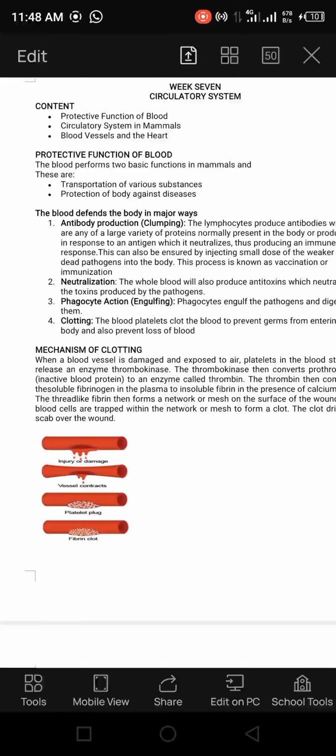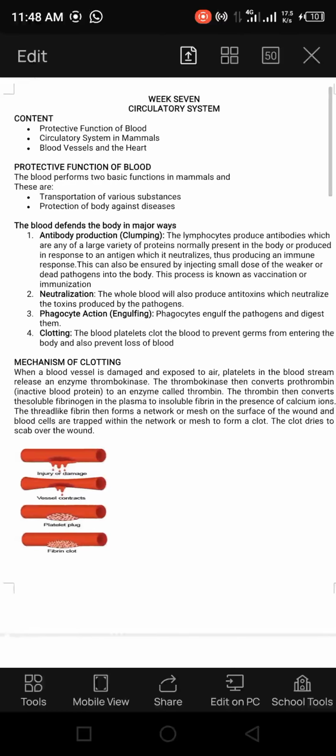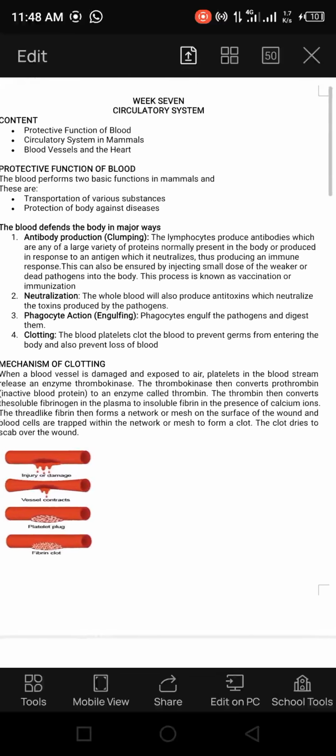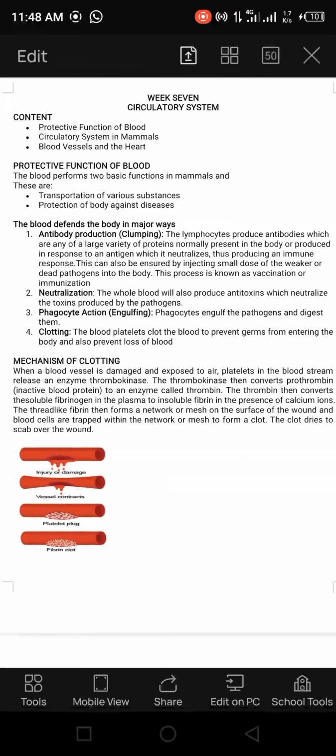Now, clotting is another function in protecting us against diseases. Here, the blood platelets clot the blood to prevent germs the moment you have an injury on your skin or any part of your body, and of course you see blood oozing out. A process called clotting occurs immediately.